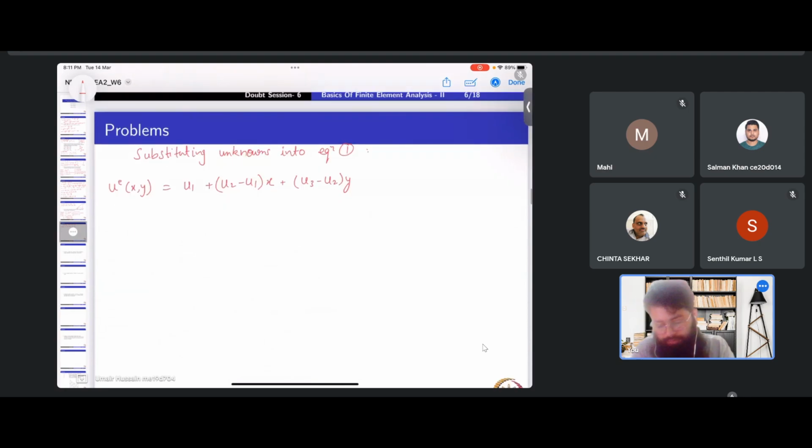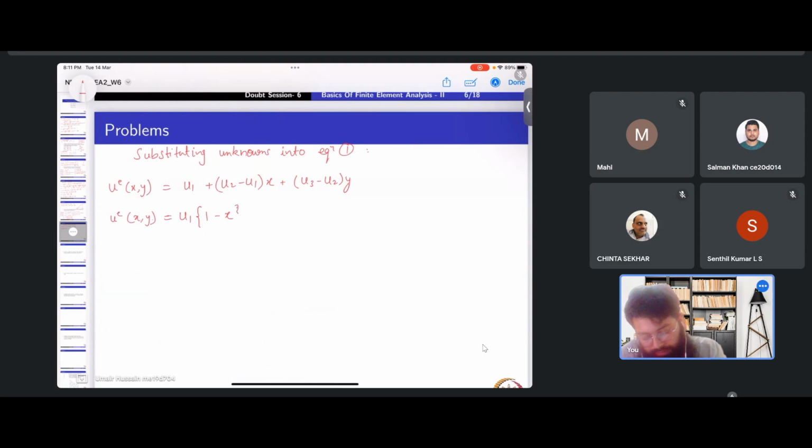Now we try to rearrange the terms in the form of equation 2. So we take the coefficient of u1 together. We have u1 in the first term, we get 1. We have u1 in the second term, we get minus x.